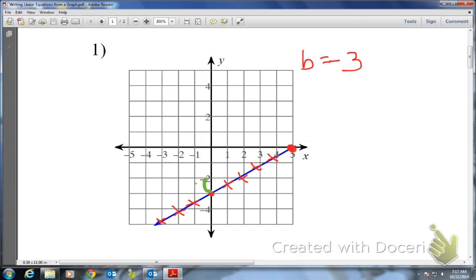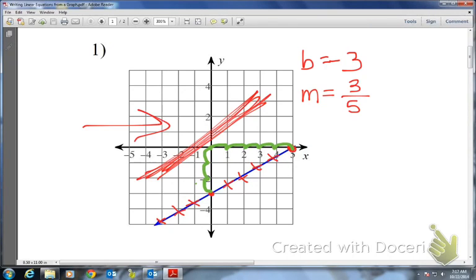Let me do that a little bit better. 1, 2, 3, over 1, 2, 3, 4, 5. So my slope is therefore up 3 over 5. So m equals 3 over 5. And I know it's positive because it's sloping this way, so it goes up. As I read from left to right, it's going up. So I know that it is a positive slope.